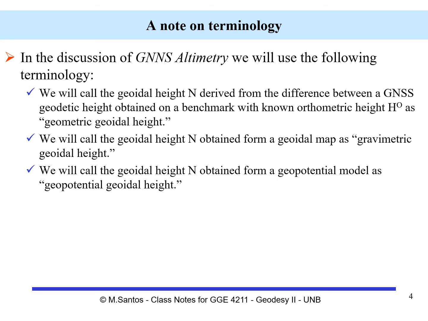The other term is gravimetric geoidal height. We will call the geoidal height N obtained from a geoidal map gravimetric geoidal height. And finally, geopotential geoidal height. We're going to refer to geoidal height N obtained from a geopotential model as geopotential geoidal height.